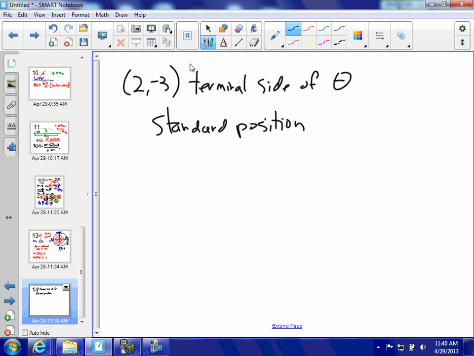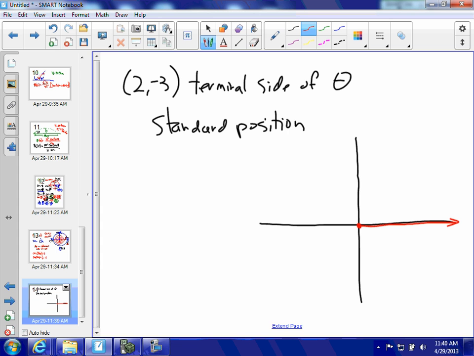An angle in standard position, here's my y-axis, here's my x-axis, means that the vertex of the angle is at the origin, and the initial side is the x-axis going positive.